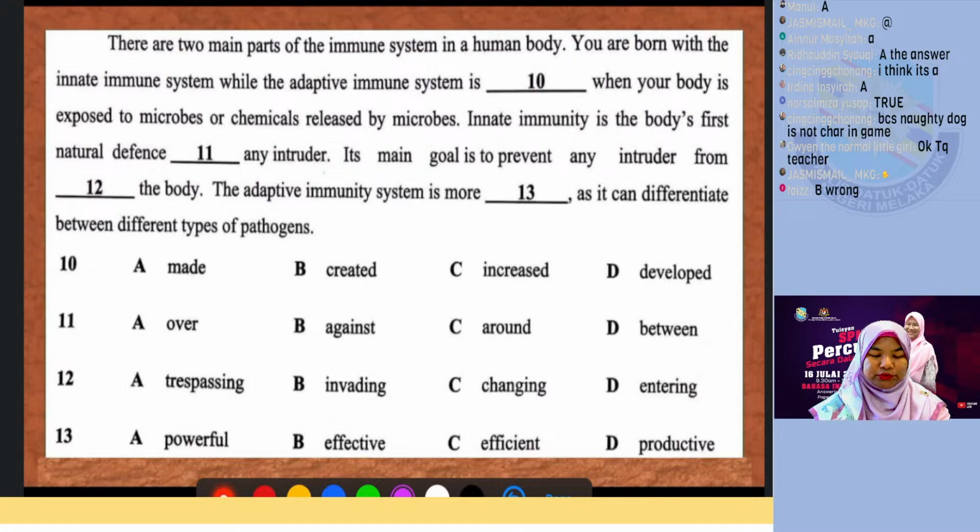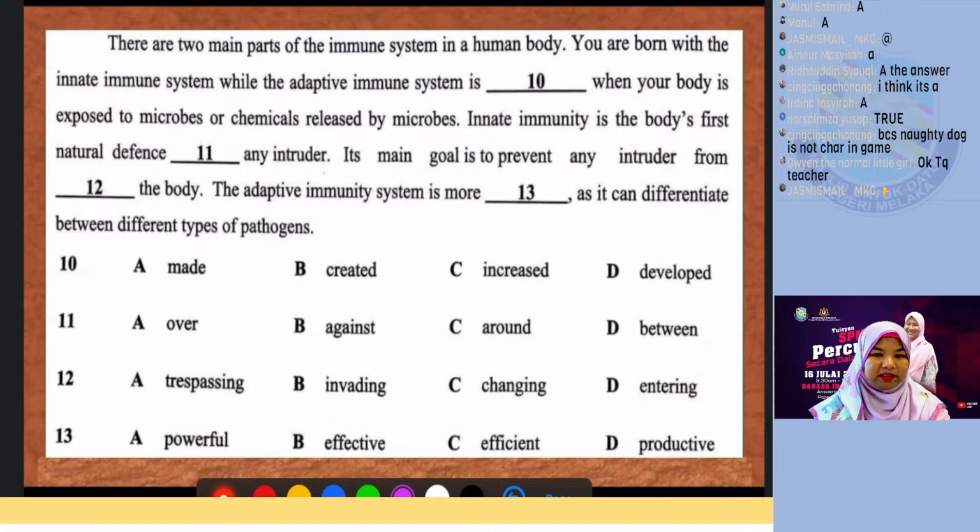Okay, part 2. First, let's read the text and options together. There are two main parts of the immune system in a human body. You are born with the innate immune system, while the adaptive immune system is blank when your body is exposed to microbes or chemicals released by microbes.